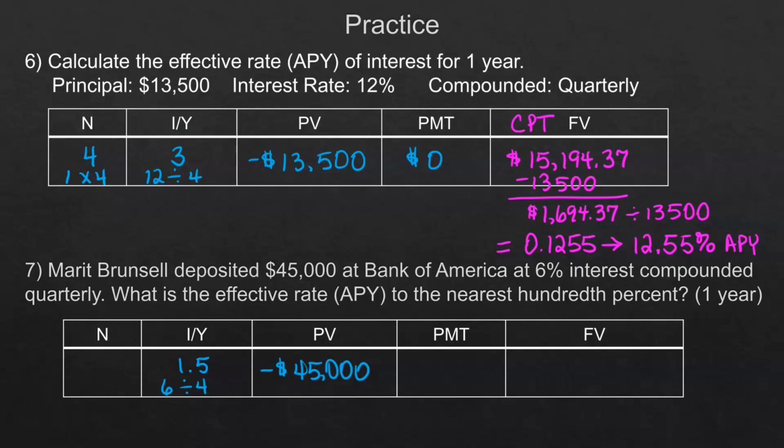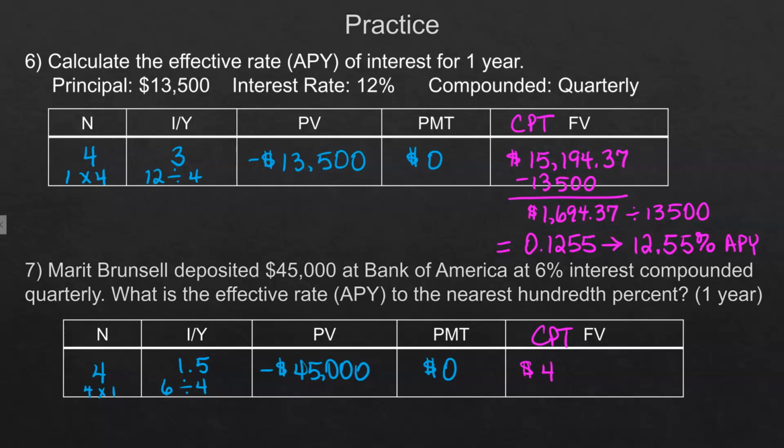It's 1 year and we are compounding quarterly, so it will be 4 periods. So that's just 4 times 1. We are not paying a payment. And then we compute the future value. So get it all on your calculator, compute your future value.